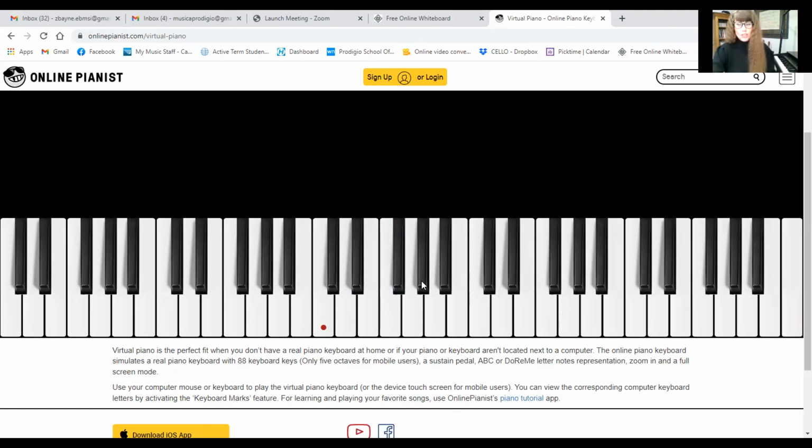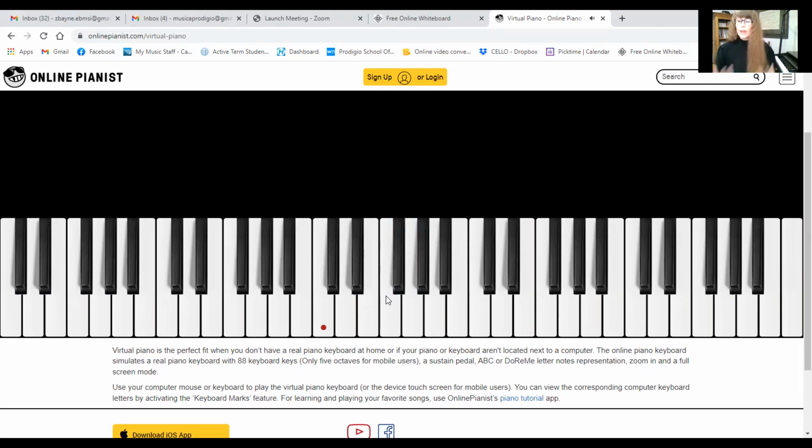I'm going to start on G sharp, and I'm going to go down the keyboard. So I'm looking for two half steps. G sharp to G is one half step. G to G flat is the second half step. So that means G sharp to F sharp is a whole step.